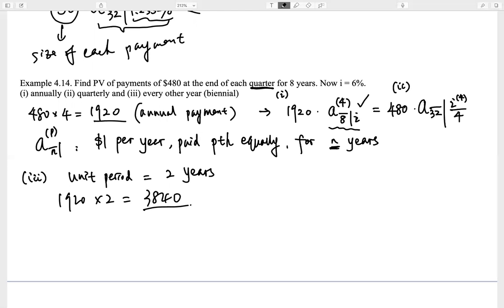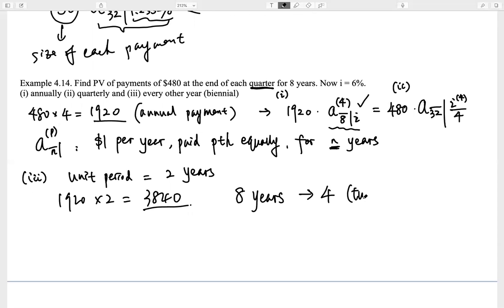Okay, and what else do we need? We need the number of years to go from 8 to 4, because here it's 8 years. Let me put the unit, otherwise it's confusing. 8 years is 4 2-year periods.